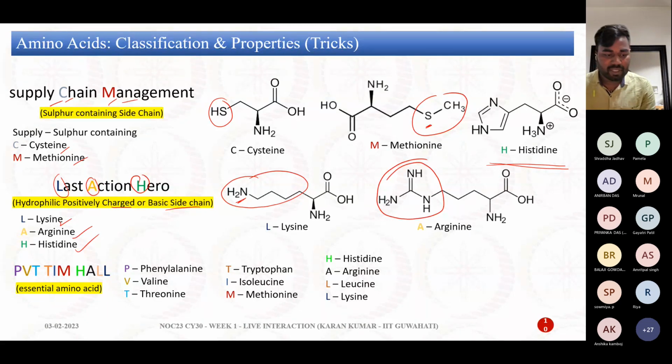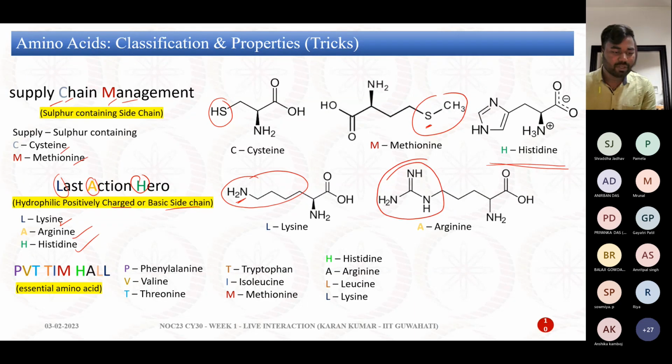Can somebody tell me what essential and non-essential amino acids are? Anyone? Sir, non-essential amino acids are produced in the body itself. Essential amino acids we have to take from our diet, sir.